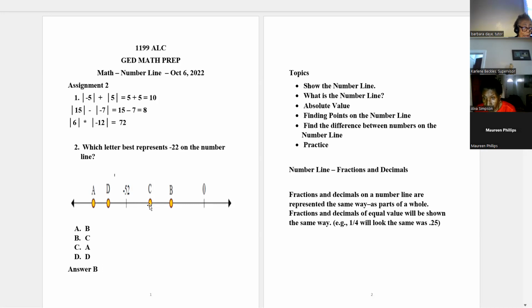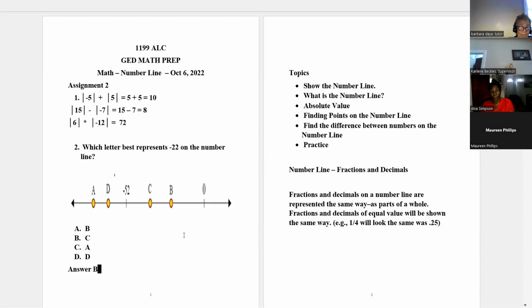So remember as you go from left to right, your numbers get bigger. So somewhere between minus 52 and C, it could be a minus 42, minus 32. Oh, I see. And in between here, minus 32, minus 22. All right.